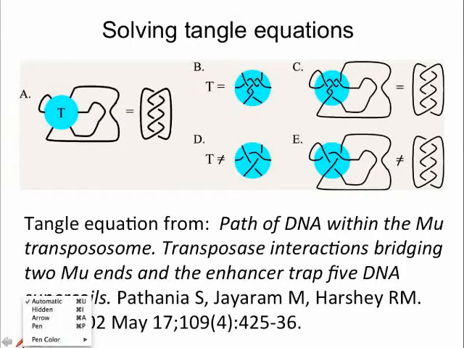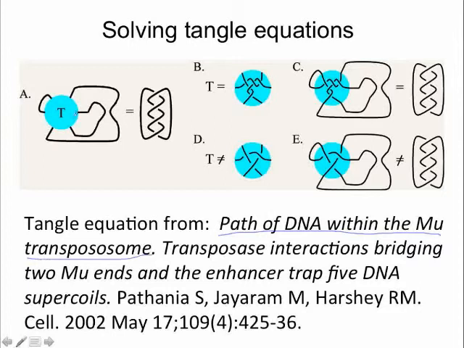So this is an example of a tangle equation that came from the biology paper Path of the DNA within the mu transpososome. So they modeled the protein as this ball right here, and they wanted to know, how do I draw the DNA bound within this protein ball? Again, it likely wraps around the outside of the ball, but if we can first determine how to draw the DNA inside the ball, we can then push the DNA to the boundary.